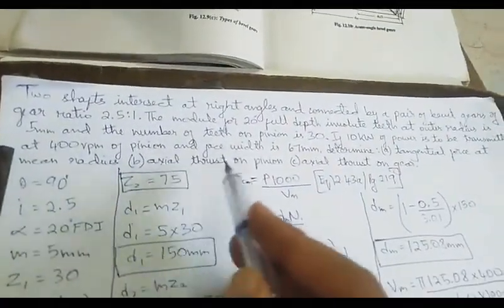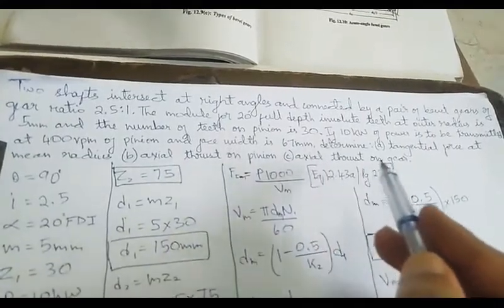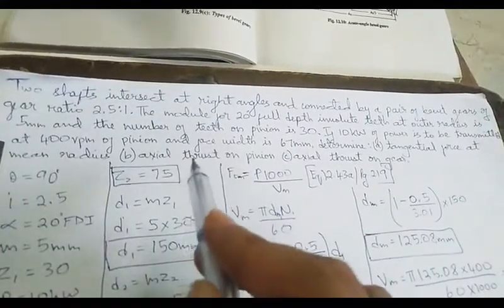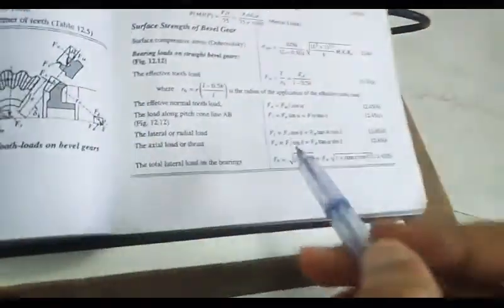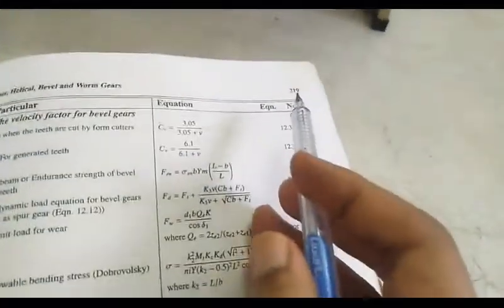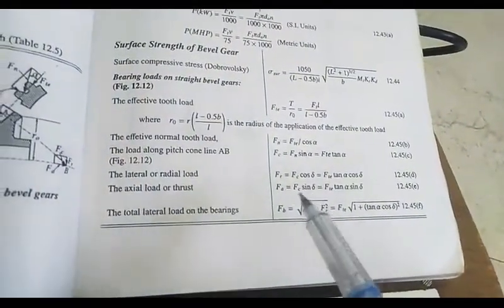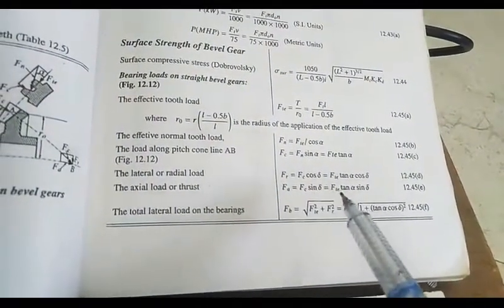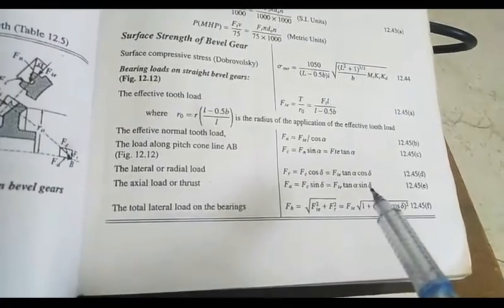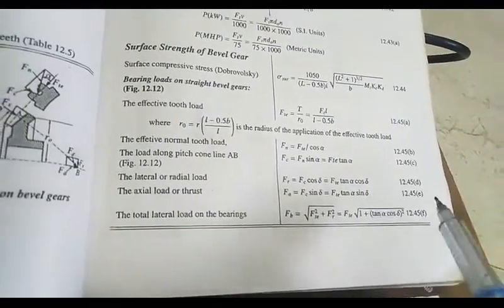Next we will find axial thrust on pinion and axial thrust on gear. For axial thrust we shall take the formula FA. On page number 219 you can see axial load or thrust FA is equal to FTE tan alpha sin delta.